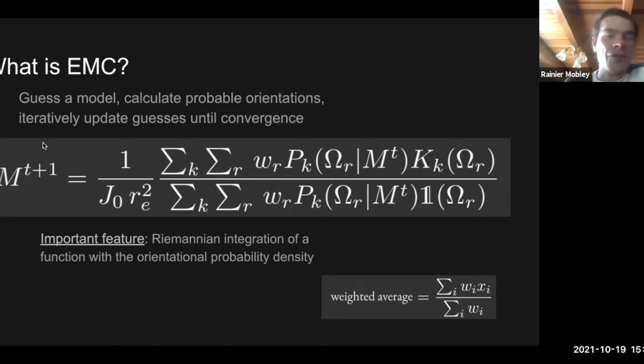Our initial model, you can just guess random orientations or something similar, and you get a model that's not particularly meaningful. But you take that as your initial guess, and then the algorithm, by doing these sums, these integrals, inserts all of the diffraction patterns into a three-dimensional grid in an increasingly consistent way.